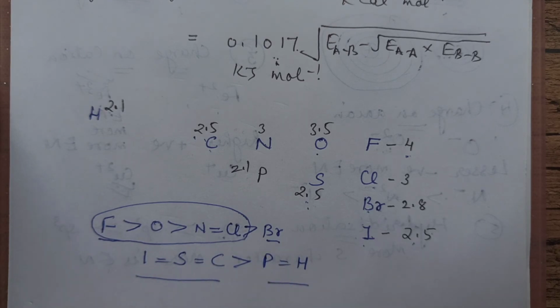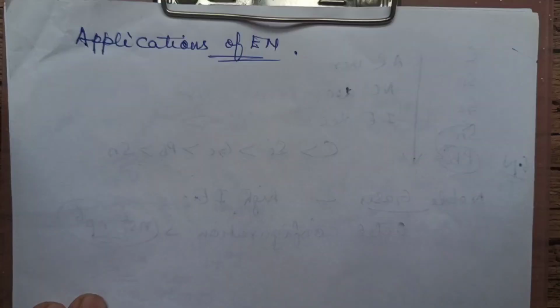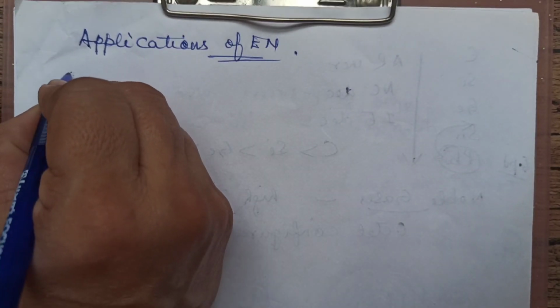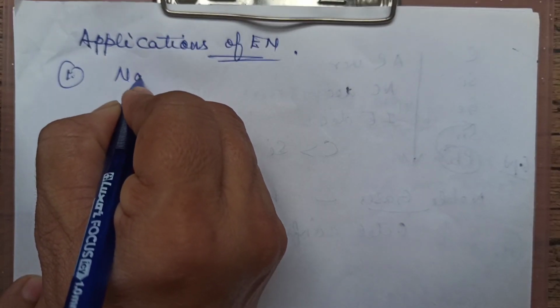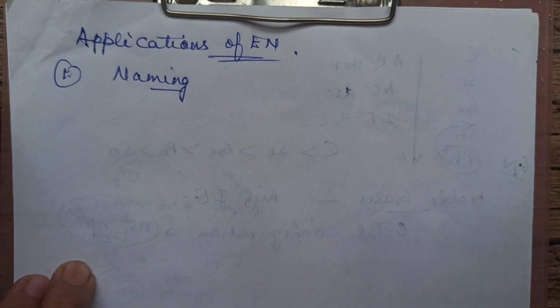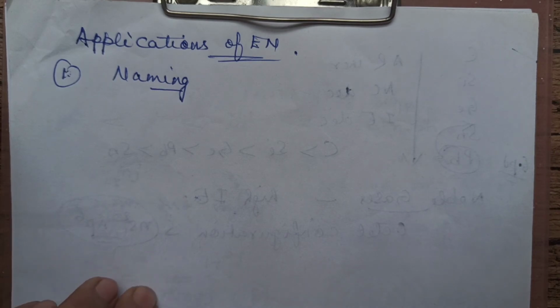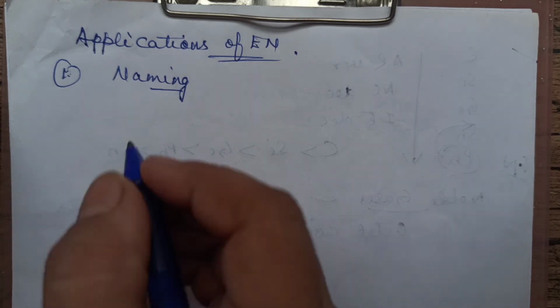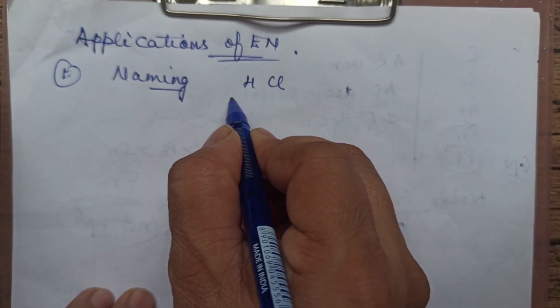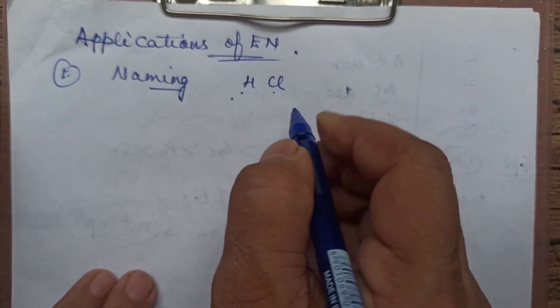This will be required in some applications of electronegativity. We will be discussing it just now. Applications of electronegativity. Now let's see the first one. First one is naming. We may never have realized that naming of compounds is, in fact, only on the basis of electronegativity. Like HCl, we do not call this chlorine hydride, we call it hydrogen chloride.